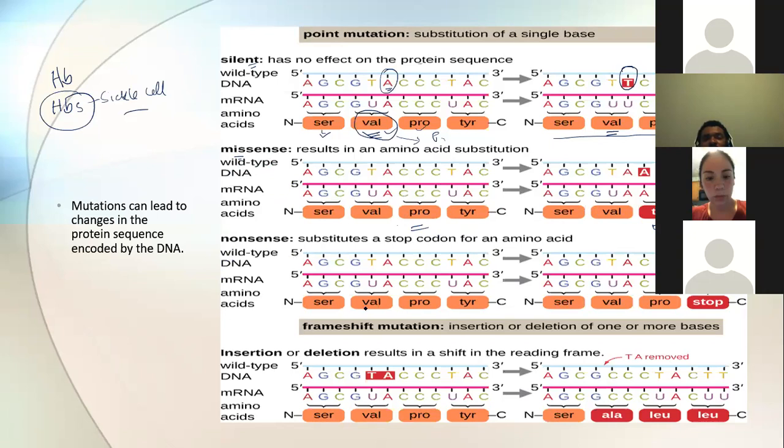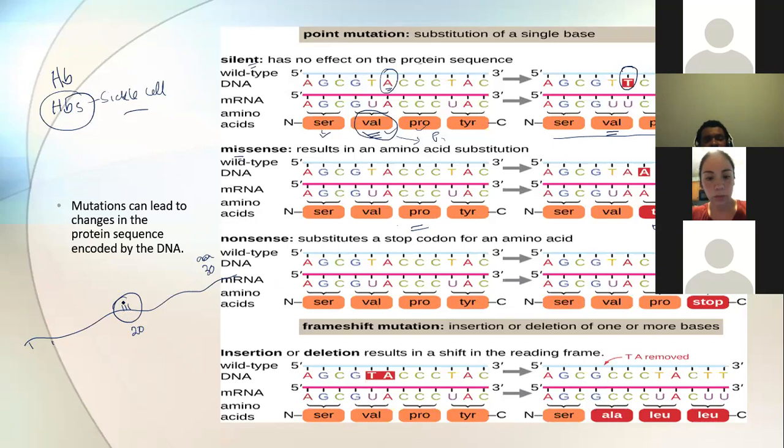Nonsense, if one codon has been replaced by the stop codon. So let's say that the protein is really long, with a large number of amino acids, and messenger RNA. For insulin, maybe we need, let's say, 30 amino acids to make that insulin. But we had one mutation over here. So maybe this is amino acid number 20.